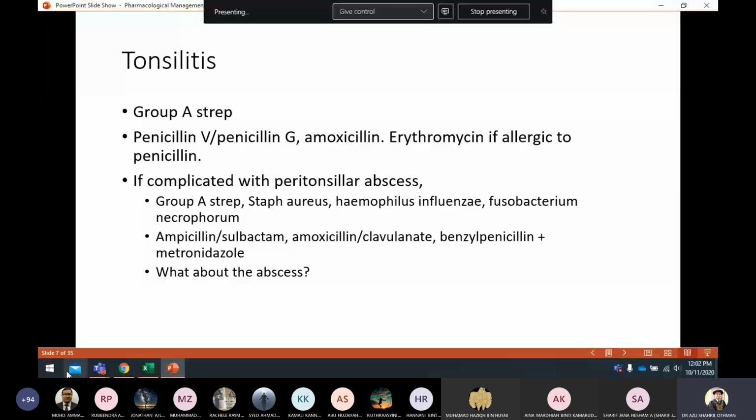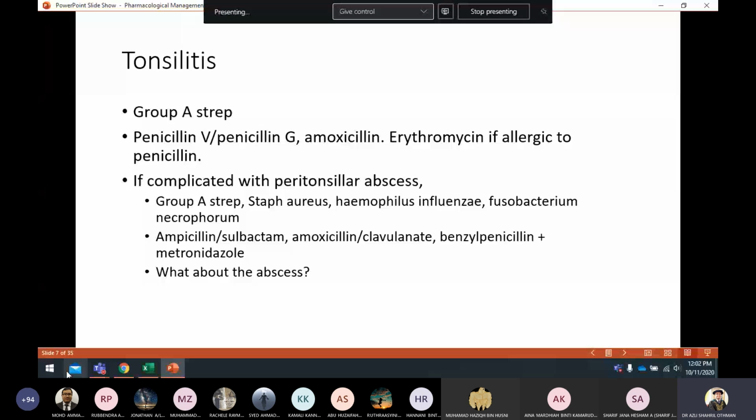Fusobacterium necrophorum is an example of anaerobic bacteria. So that is the reason why you give metronidazole to cover for your anaerobic bacteria.